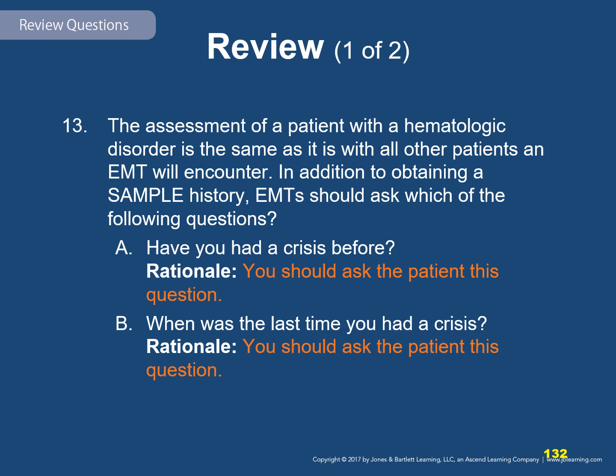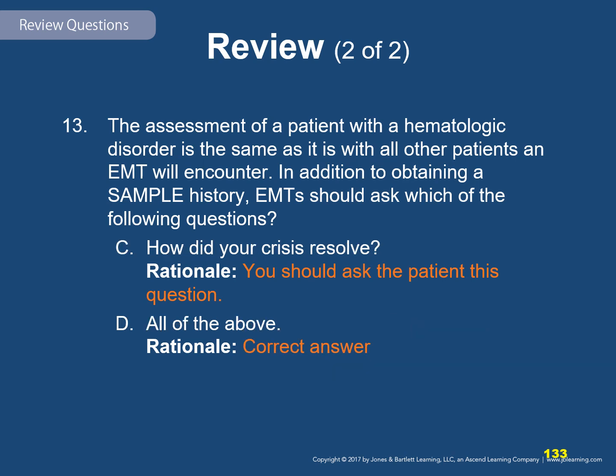Then ask them, if you've had a crisis, when was the last time you had one? In other words, what was the most recent crisis you had? And how did the crisis resolve? You need to know, did it resolve on its own? Did they have to have major medical intervention? What exactly occurred there?